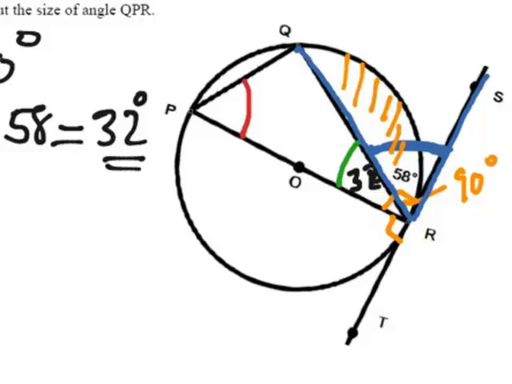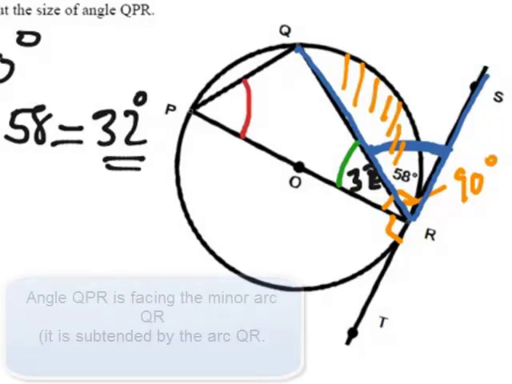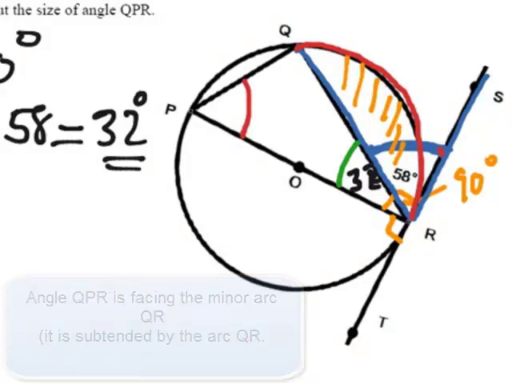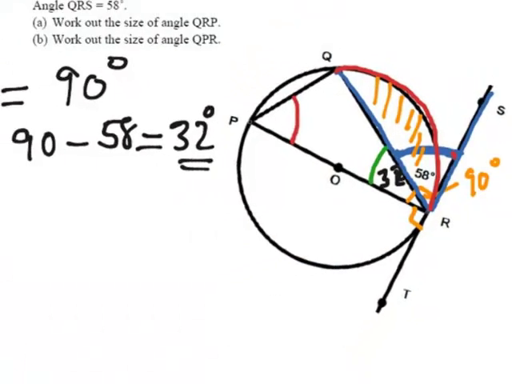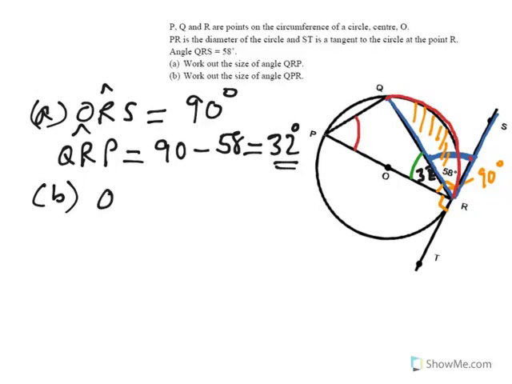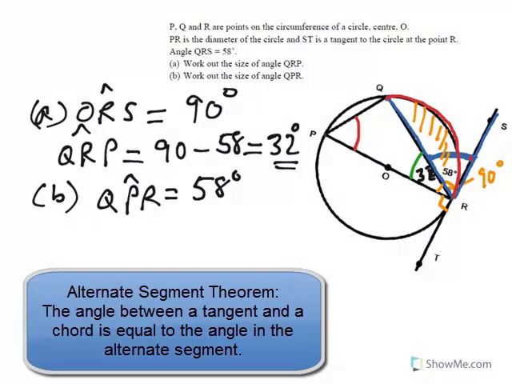The angle QPR is an angle in the alternate segment. It's facing this arc QR. That's the same arc that the angle QRS is facing. So we can write down that QPR is equal to 58 degrees.